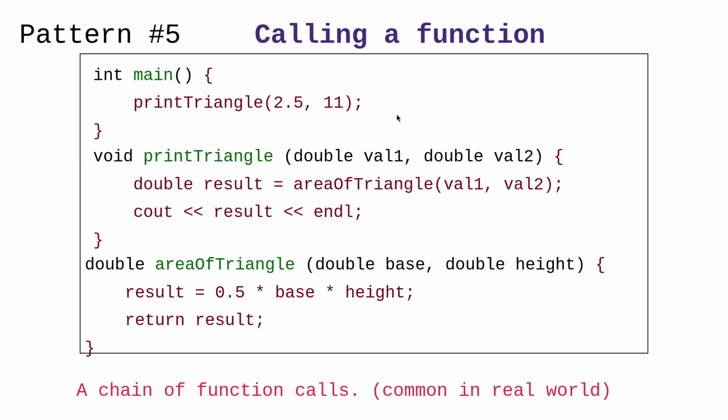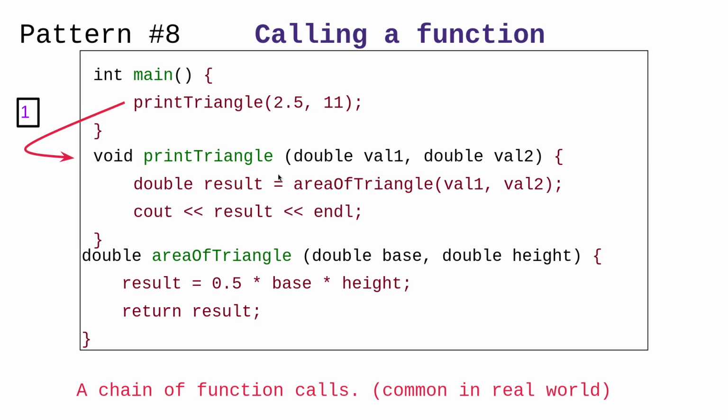So let's look at what this would look like. Okay, so the first thing that would happen is from main we would call print triangle. Okay, and so the computer would jump to the print triangle function, and it would start executing the print triangle function.